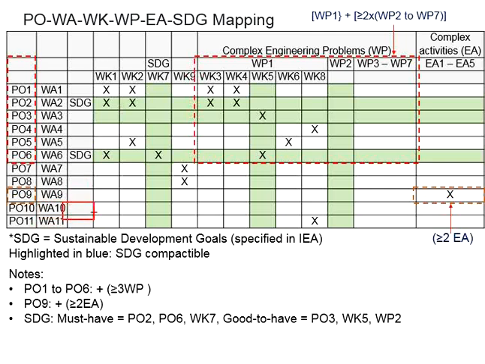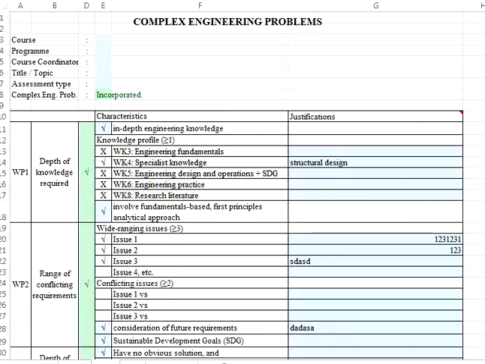There is no SDG. Let's say now the knowledge profile is WK8. PO10 does not require complex engineering problems. Although you have WK8, it is up to you. Do you want these components?